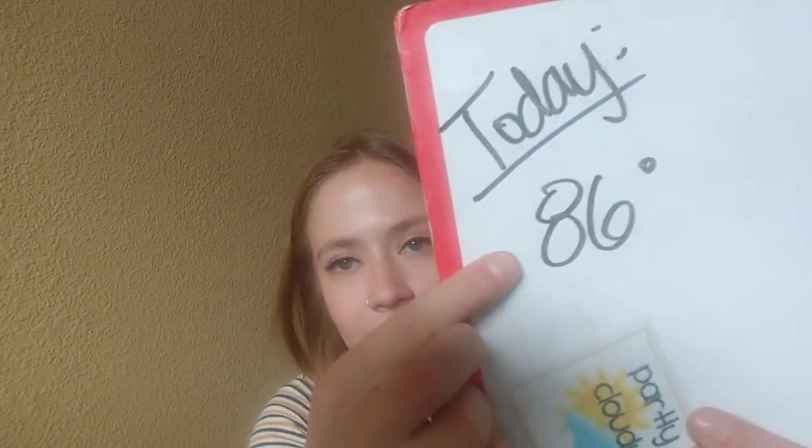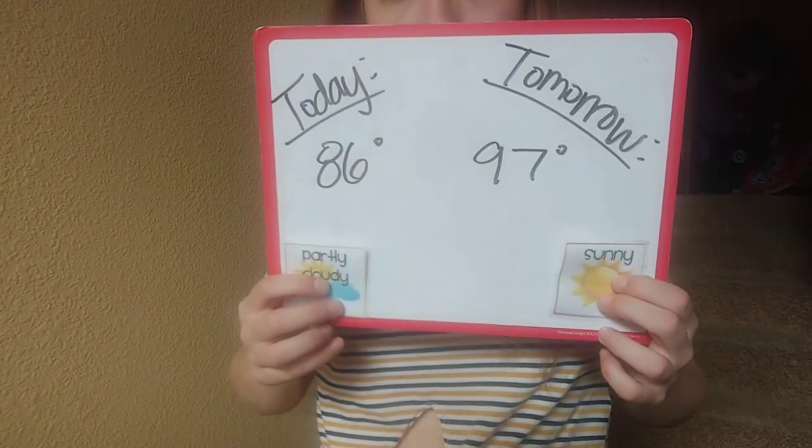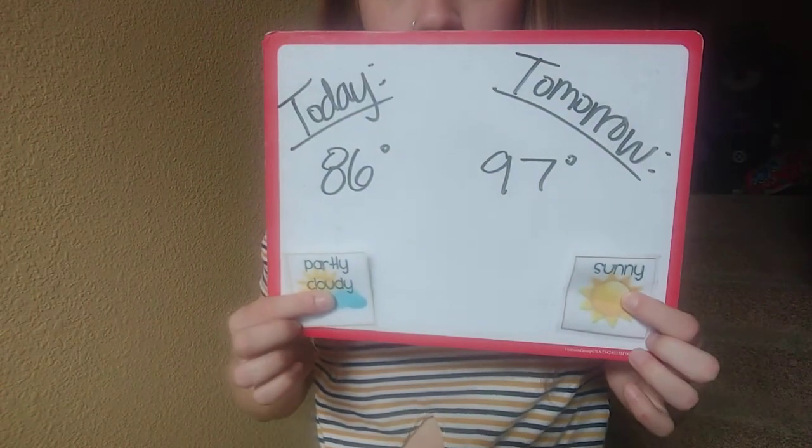So today a high of 86 and partly cloudy. And then tomorrow a high of 97 and sunny. So that is our weather for today and tomorrow.